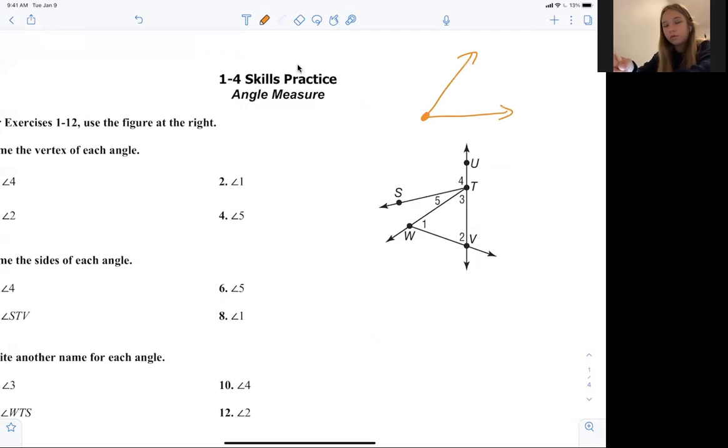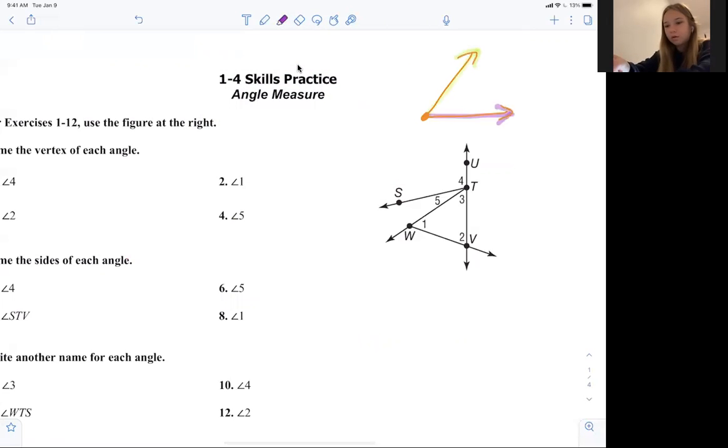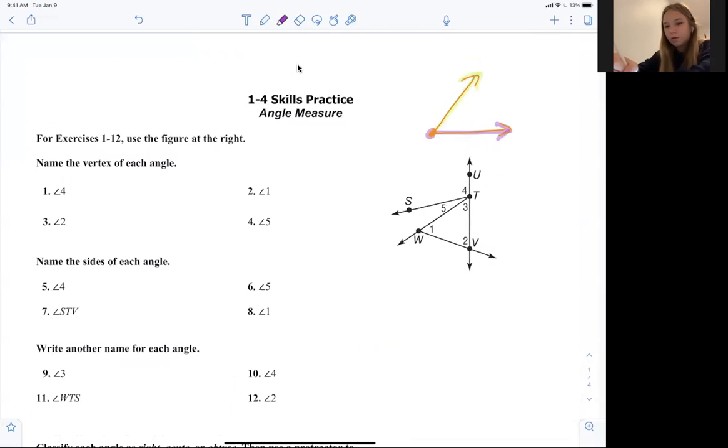This angle is made up of 2 rays. Where the rays meet is called the vertex. So the vertex for angle 4 is obviously what letter? T. Angle 1, W. Come on, angle 2, V. And angle 5.